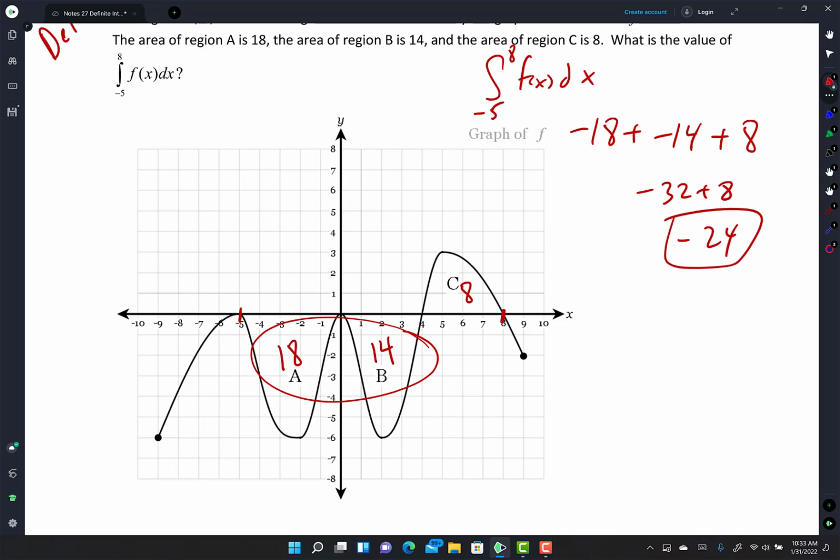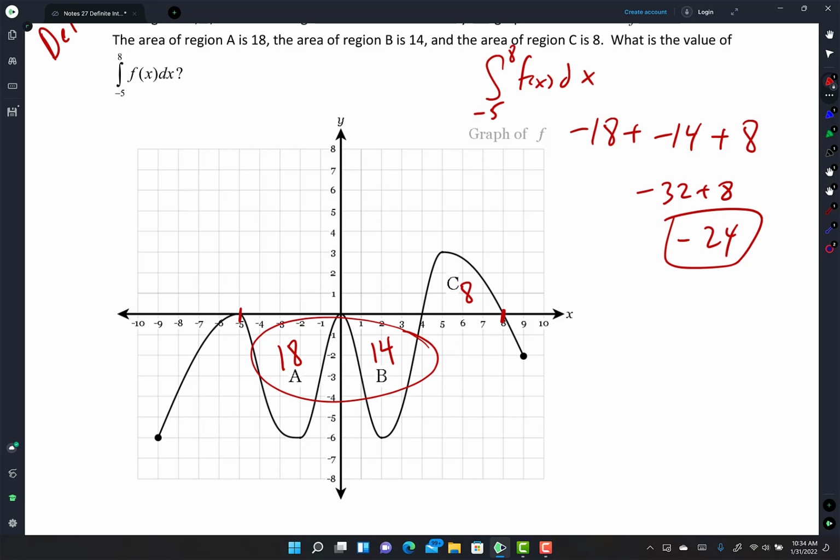Okay, a trapezoid: base 1 plus base 2. All right, relax. You can always cut a trapezoid into a rectangle and a triangle, even if it's not a normal one. So if you don't know the area of a trapezoid, it's okay. You can always just cut it up into a rectangle and a triangle.